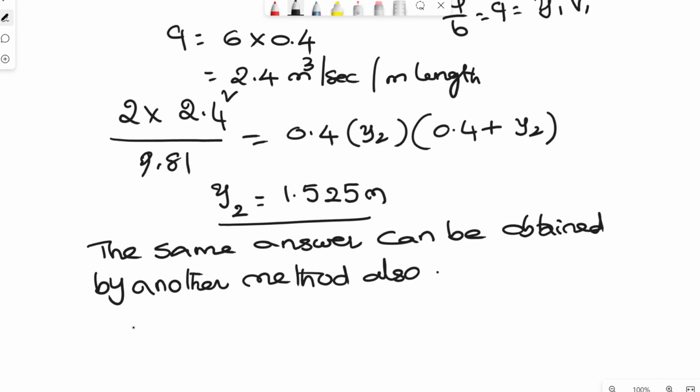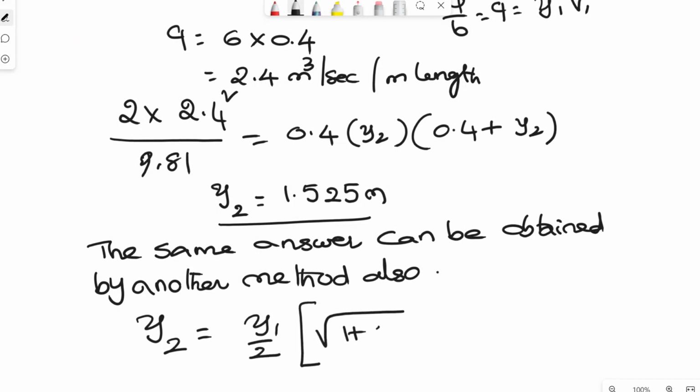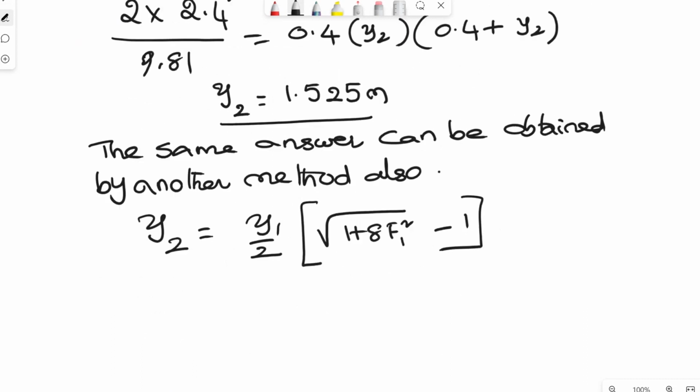What is that other method? We know y2 is equal to y1 by 2 into square root of 1 plus 8 F1 square, minus 1. So you can use this.